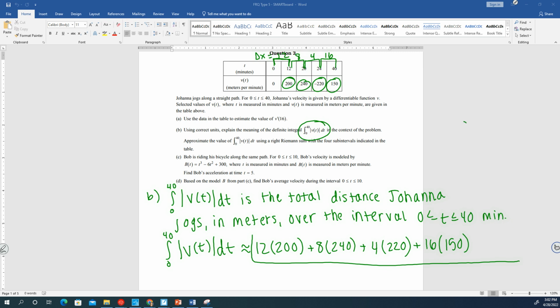If they would have asked me to evaluate the plain old definite integral, then I would accumulate the negative area, but with absolute value, we treat that as a positive. All right, what would my units be? Meters. Meters, good. So you could leave your answer like that. Just as a reference, you get this number.